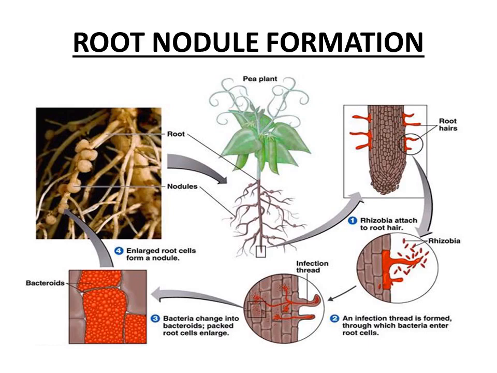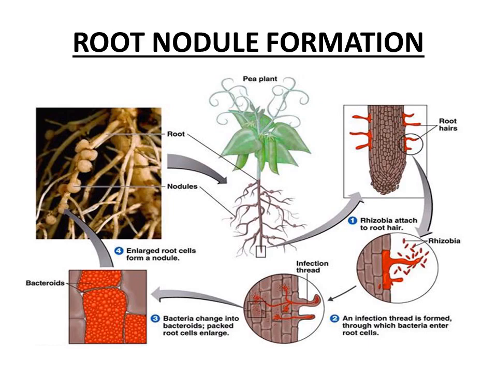The roots of the leguminous plants produce certain signaling molecules called flavonoids. These flavonoids act like signaling molecules for the rhizobium. The rhizobium gets attracted to such flavonoids and starts the infection.